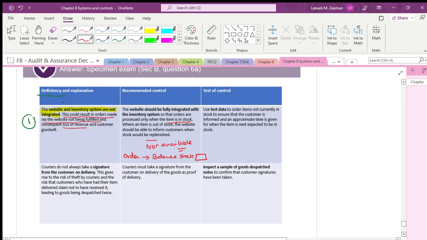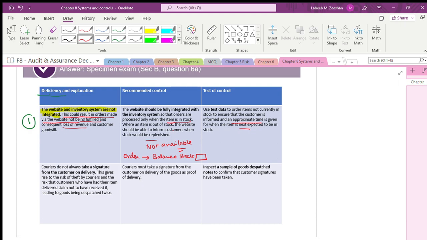Use test data. Test data is what we are talking about in terms of negative values, to test the order control. You are not giving positive values. You are giving negative values for items not currently in stock, to ensure that the customer is informed and an approximate time is given when the item is next expected.